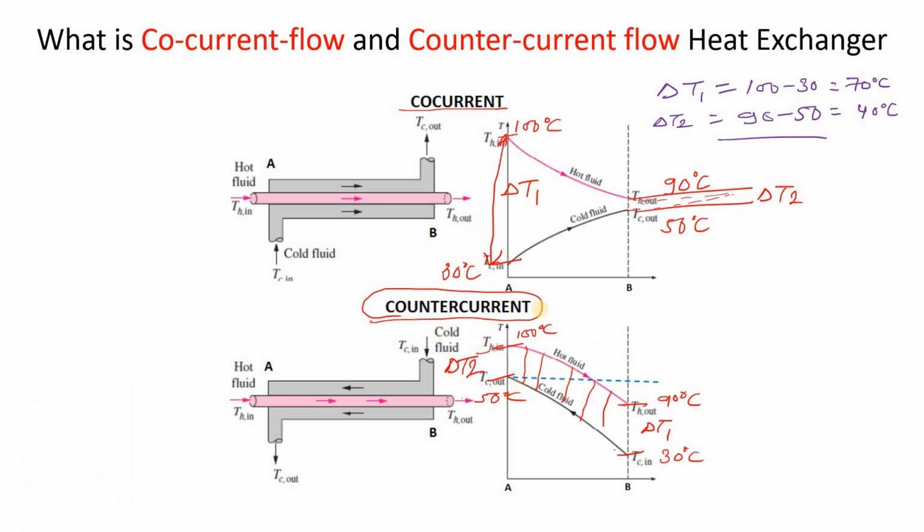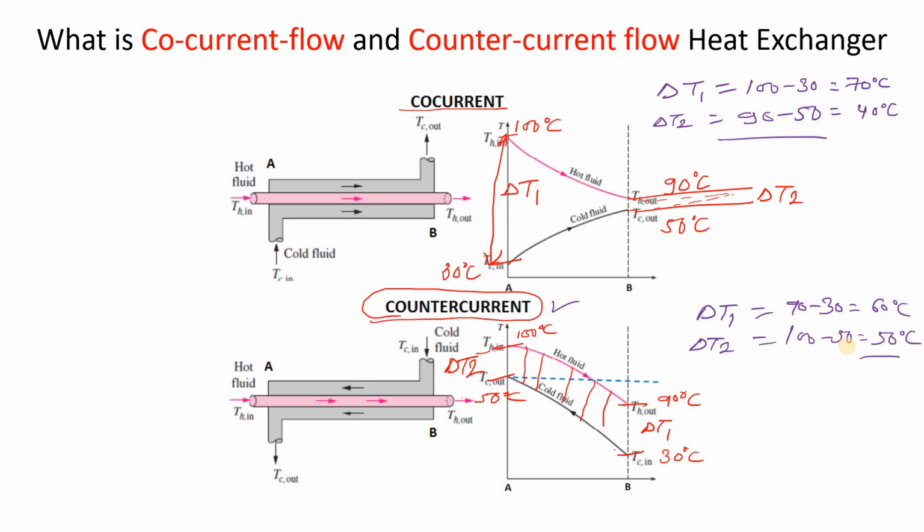Now in the counter current flow, please understand about the delta T1. What will be the delta T1 for the counter current flow? See here, 90 minus 30, it will be 60 degrees Celsius, but in this case what will be the delta T2? It will be 100 minus 50, which is equal to 50 degrees Celsius.